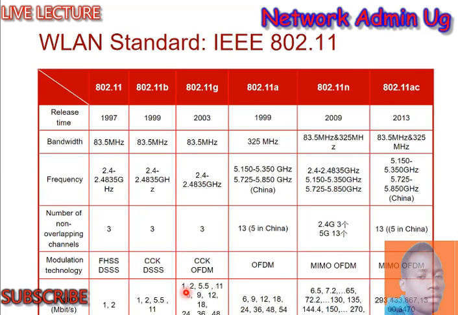The other technologies are already listed here, but also note there are technologies like 802.11n that can provide a maximum transmission rate of up to 600 megabytes per second.